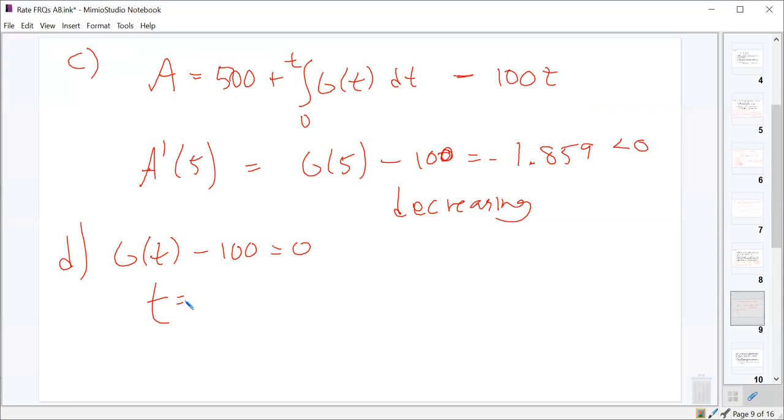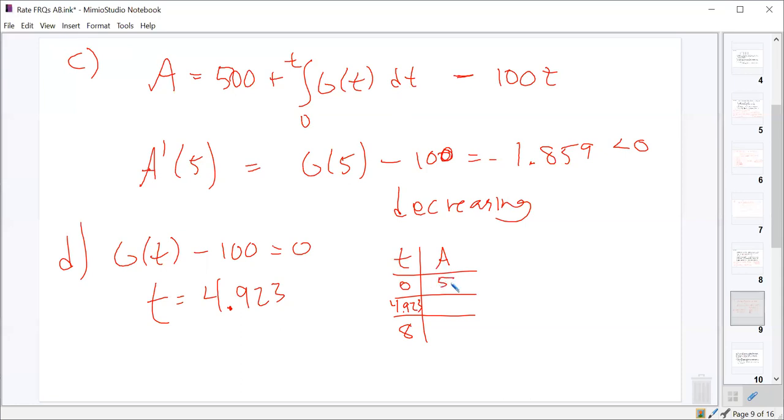Anybody got a t value? 4.923. And so then we plug in our t values and our A values at the endpoints, 0 and 8, and then we plug in 4.923 into this, and we evaluate each of those three things and see what you get.